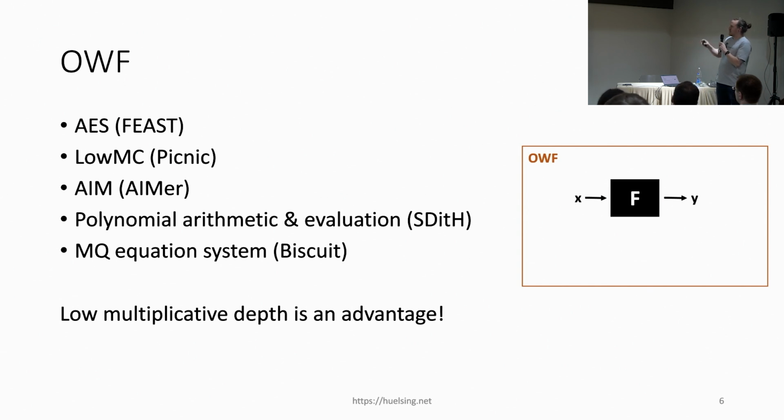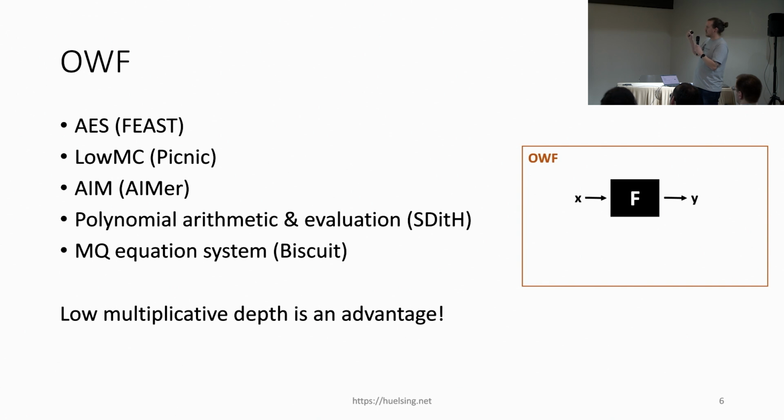Then SD in the head does a one-way function which is polynomial arithmetic and evaluation. We will see what the one-way function actually is later. And then, for example, you've got Biscuit, or MQ in my mind, which takes an MQ equation system of a certain form and evaluates that.